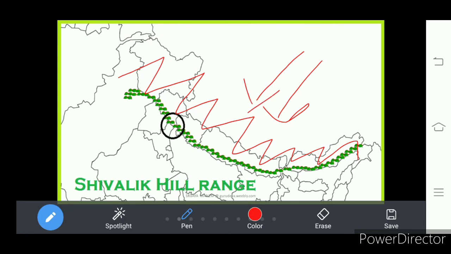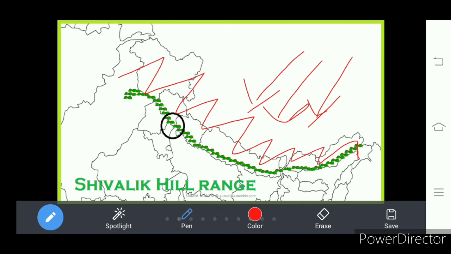If they want to attack, they have to cross the Himalaya. This is the first advantage. Second thing is that in winter, the cold winds coming from the Central Asia are obstructed by the Himalayan mountains.